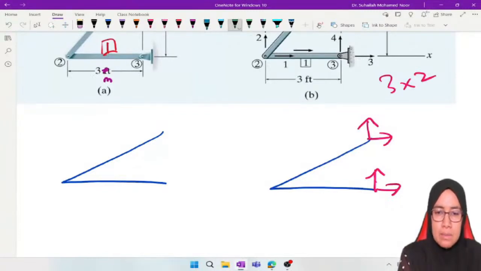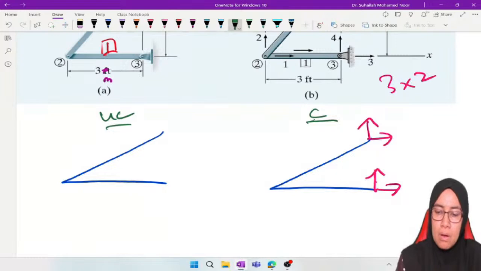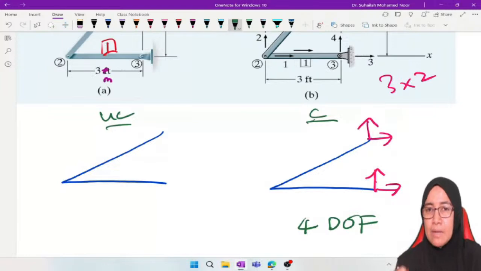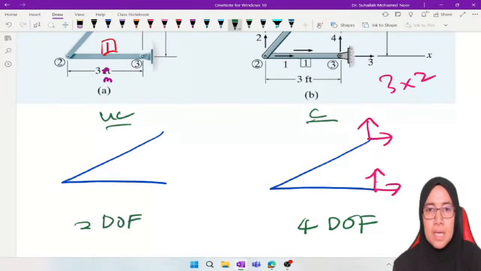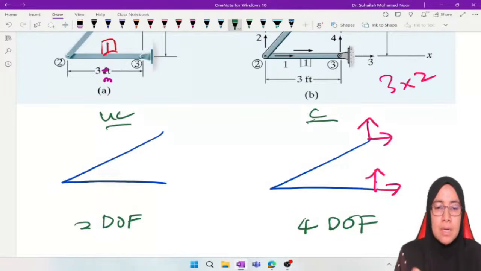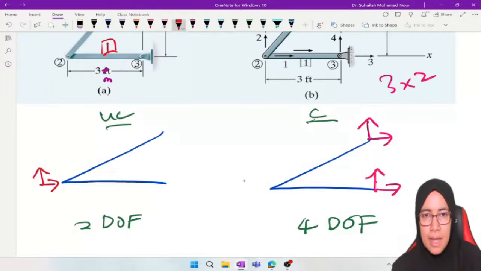So this is the constrained system first. The 4 degrees of freedom in the constrained system are equivalent to 4 unknown reactions. So there are remaining 2 degrees of freedom at node number 2, and node number 2 is not a support.